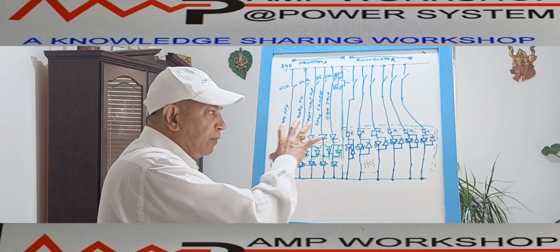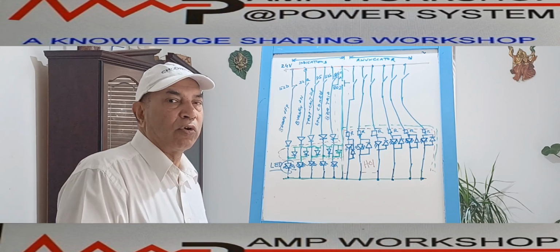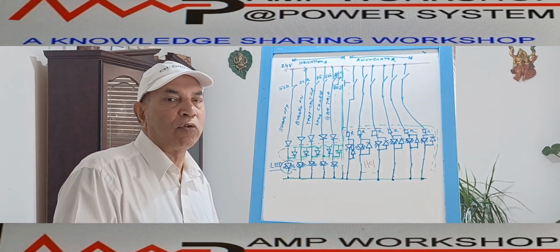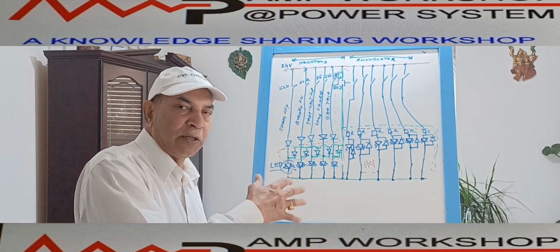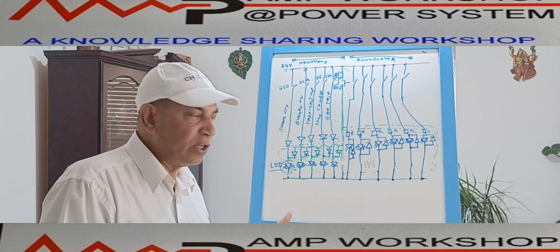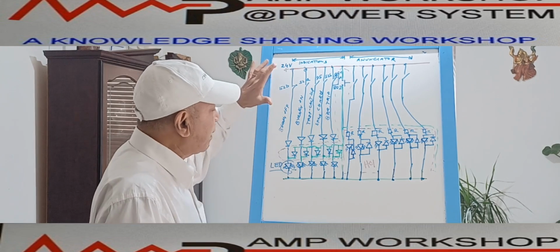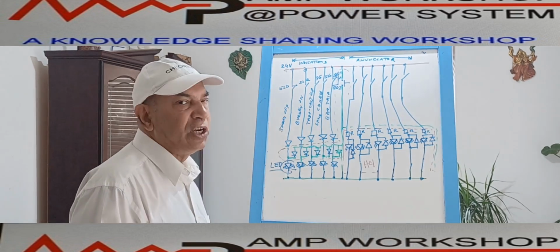So, in addition to the 120 volt electrical control DC supply, we need another, lower level of control voltage supply for the various transducers, auxiliary relays, main relays, as well as these annunciators. For that purpose, we are considering a 24 volt DC supply.